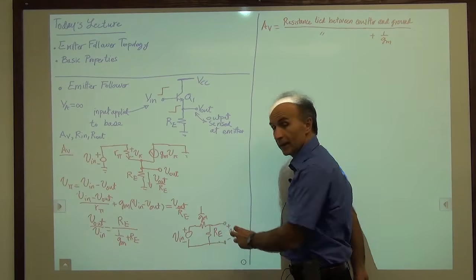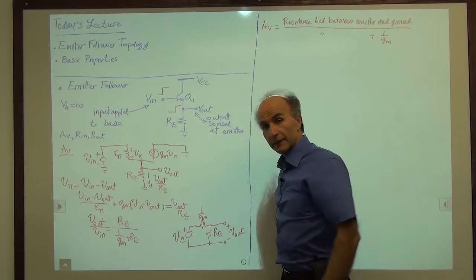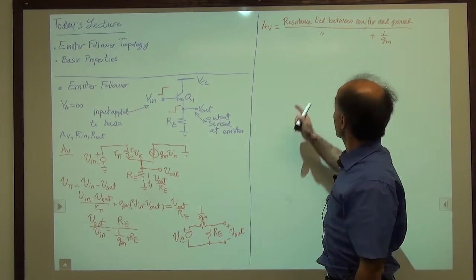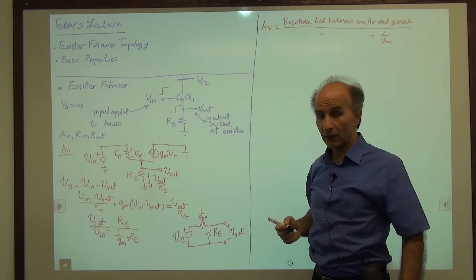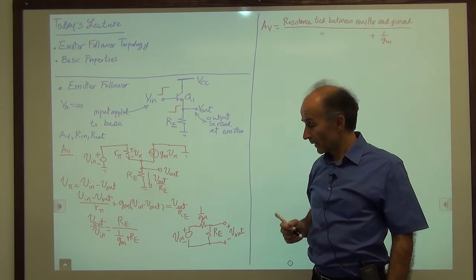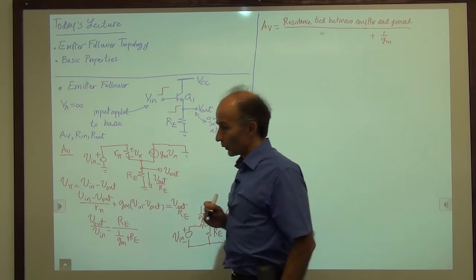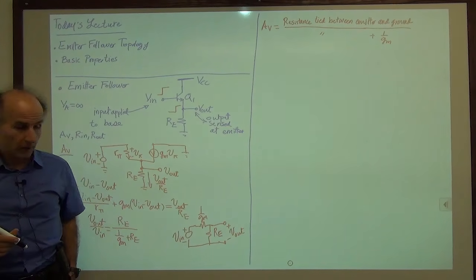So this circuit is an extremely simplified version of this circuit or this circuit. Sometimes it's good to remember this. I usually just remember this equation, the way I verbalize it here, because then I can attack any problem that comes my way. But this perspective is also useful in some cases, as we will see later. Okay, so that was the voltage gain of an emitter follower.